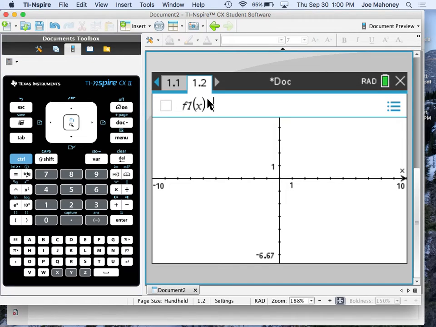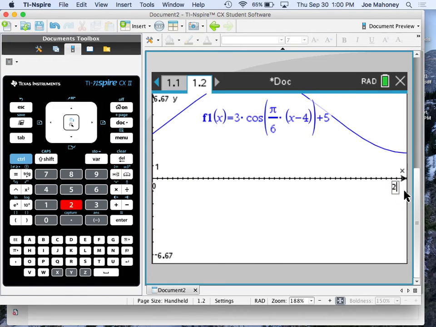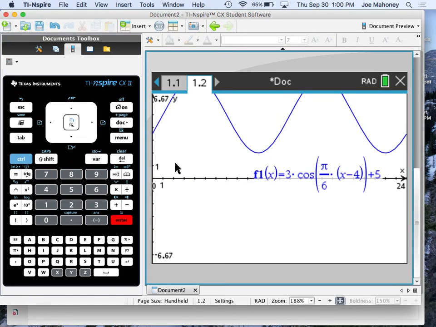So let's add in a graph. Let's graph 3 cosine of pi divided by 6 times x minus 4, close parentheses, plus 5. And I'm going to change my window a little bit because we want hours after midnight. So let's go 0 to 24.